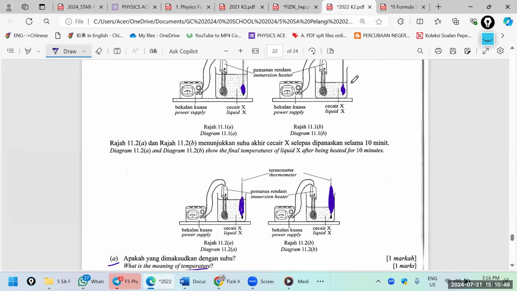Okay, so if you forgot the definition, actually you can check back.